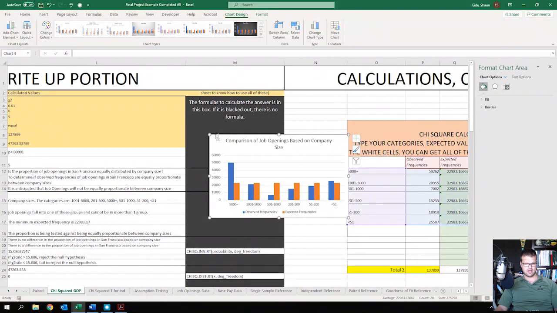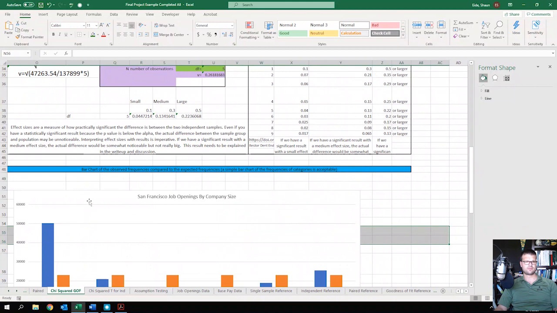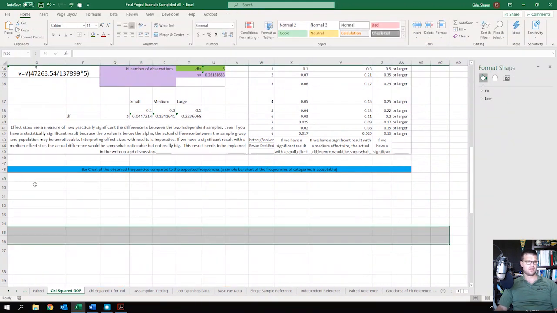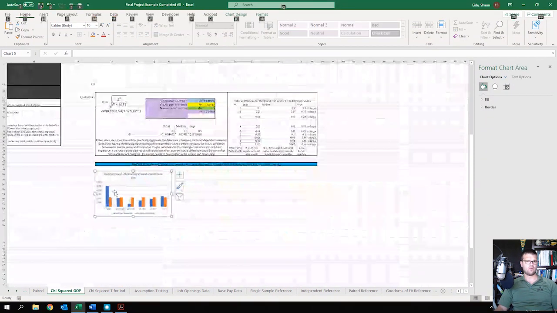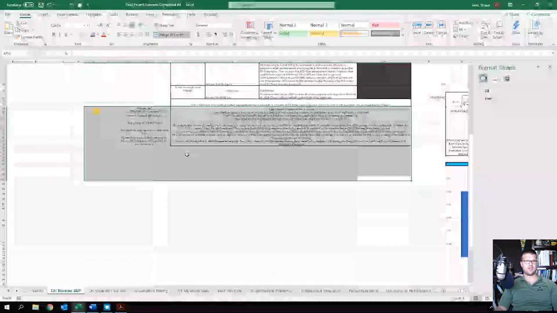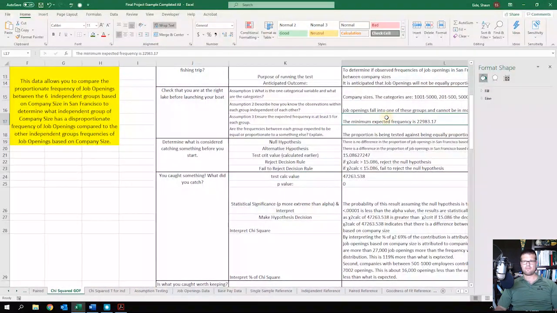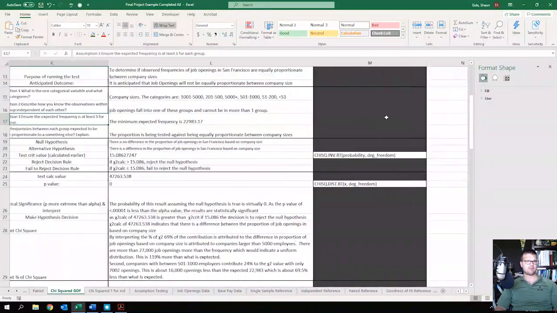Then press X, bring it right down here, and press V, and now we've got that wonderful chart. Make sure that you put the chart in there so you can get the full credit for that. Other than that, I think that's pretty much it.